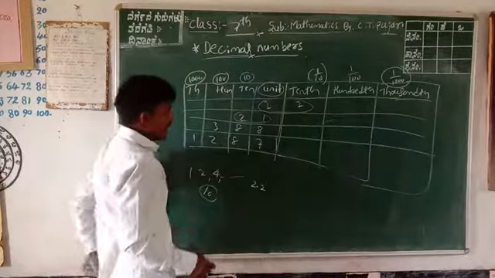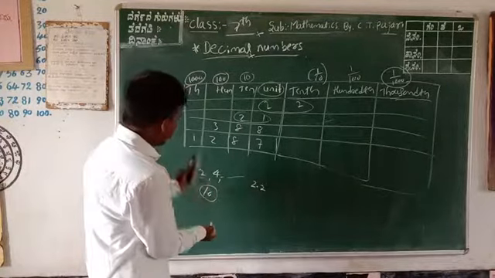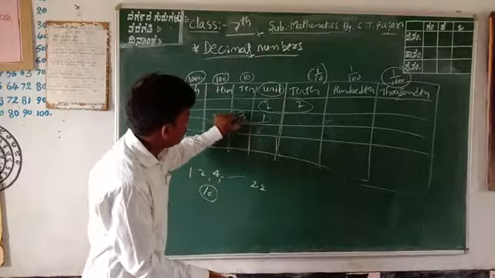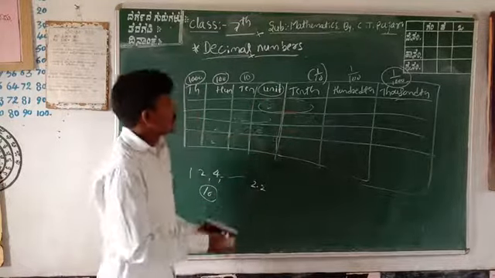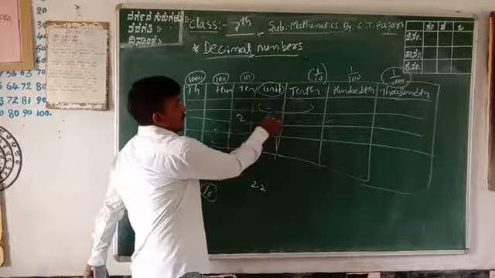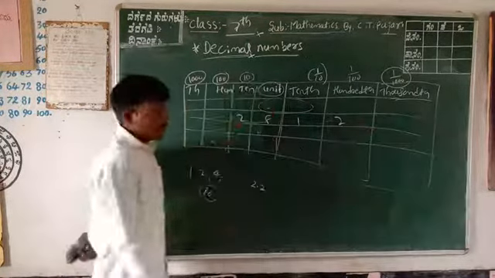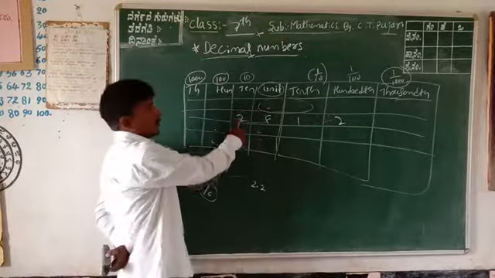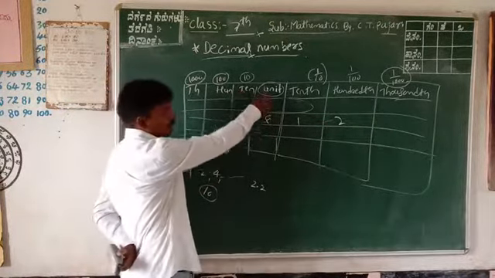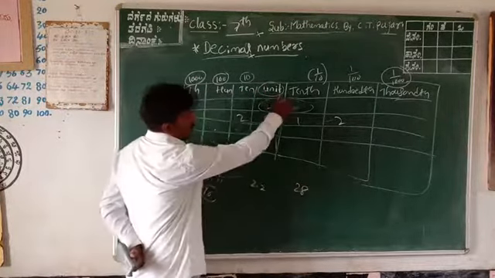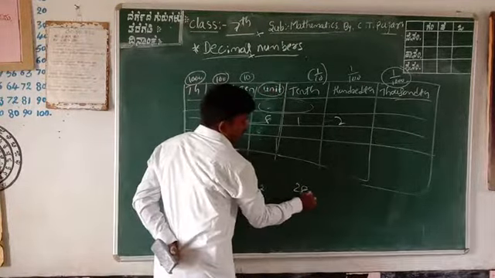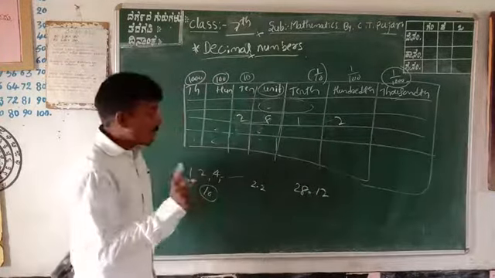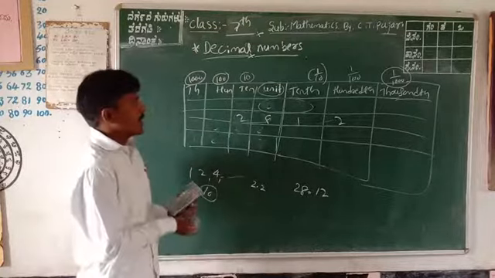Next, you can choose any number. Take 2812. Write it in the table. 2 is the 10 place, no problem. 8 is the unit place, therefore 28. Next, after the unit place, you put the point. Next, 1 2. So 28.12 is your decimal number.